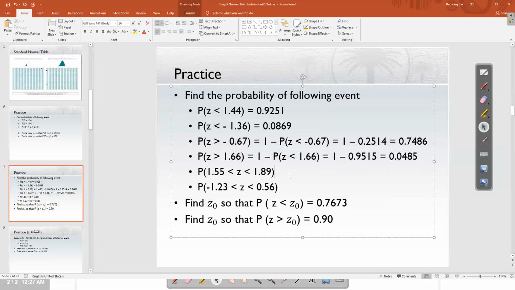Right? And next one is in between, right? So in between, we need to convert it into the difference of two less than events. So probability of z less than 1.89 minus probability of z less than 1.55. So if you struggle with this, review the last video, which talks about how we find the probability in between.